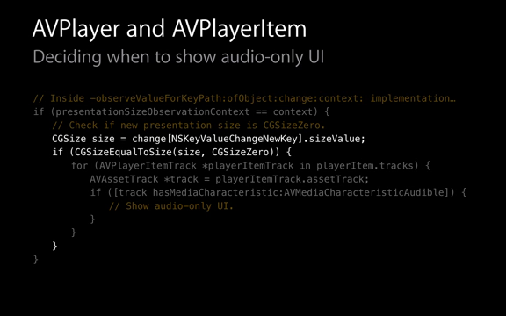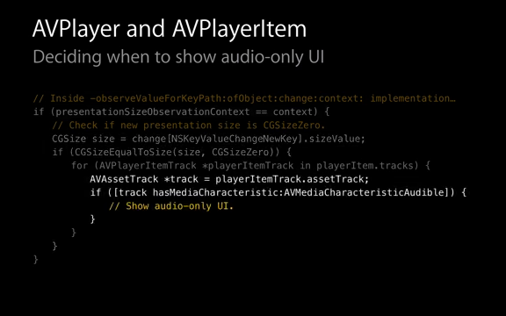And after that, make sure you have at least one audio track. To do that, you can look at the underlying AVAsset tracks and make sure that there's at least one of them which has an AVMediaCharacteristicAudible. This is necessary because sometimes you can have movie files which have 0 by 0 for the presentation size, but no audio tracks, like timecode tracks.